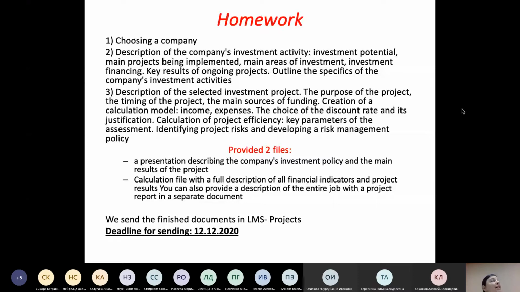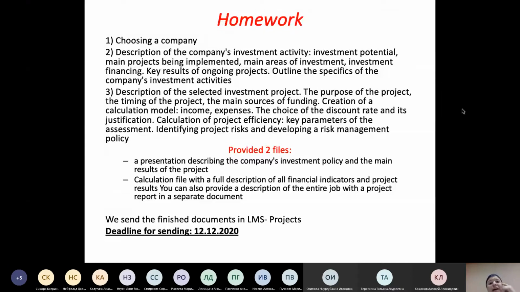Then you have to present the information about the main resources for financing the investment activities of the company. Perhaps the company chooses self-financing, perhaps it prefers financing by using attracted capital, by an initial public offering, for example, or by issuing bonds, or perhaps the company uses simple debt instruments, such as credit, loans or bonds.